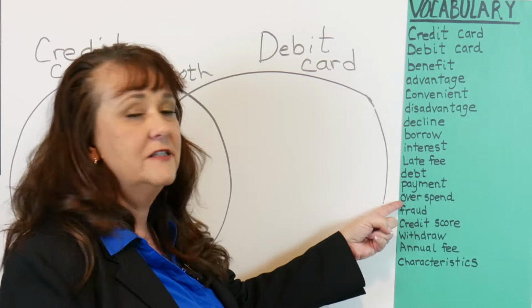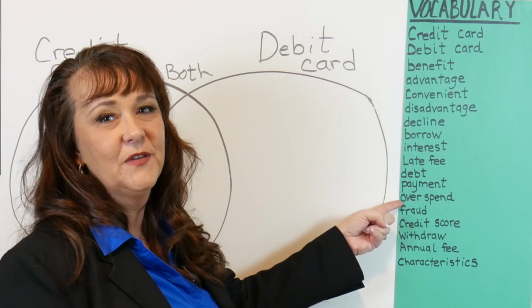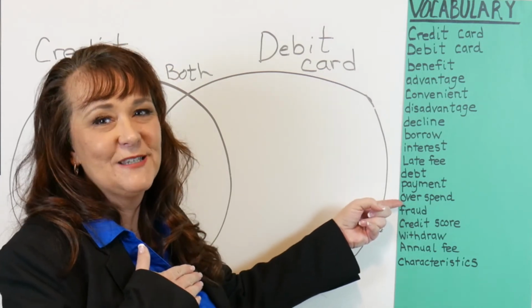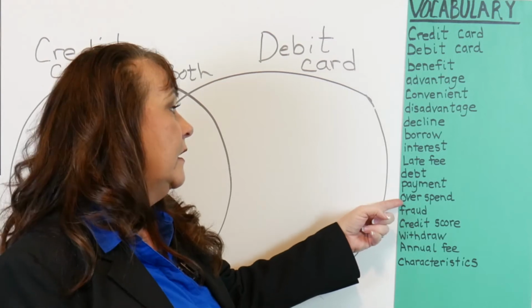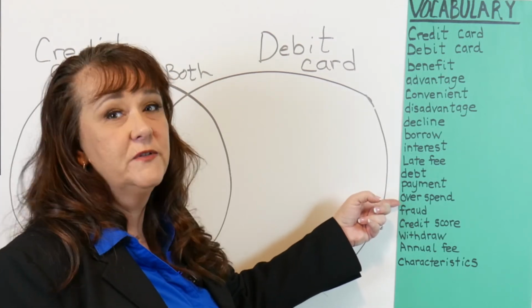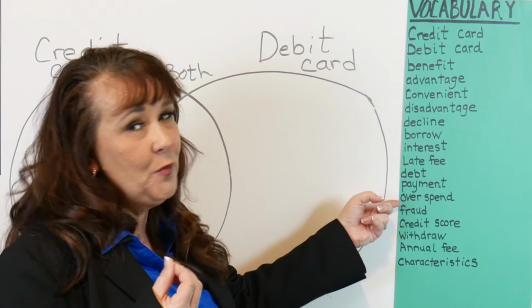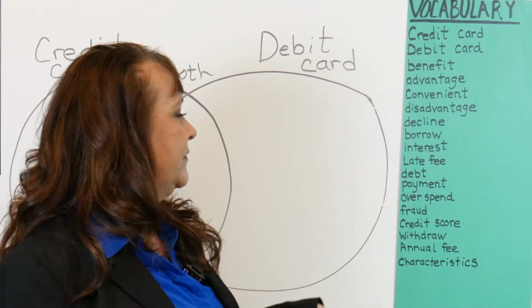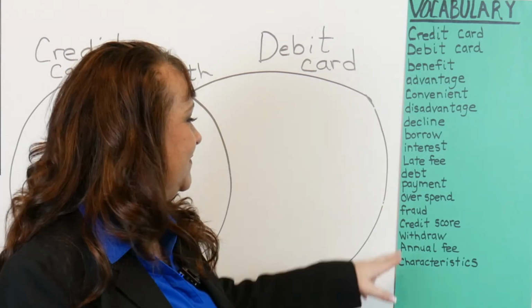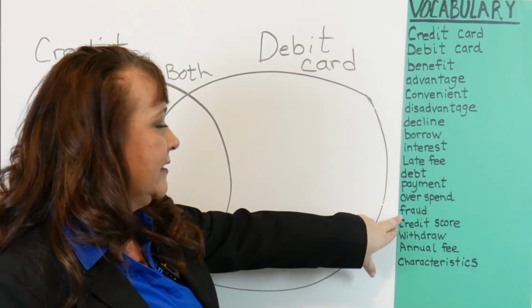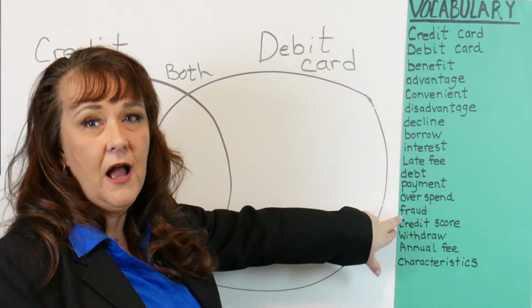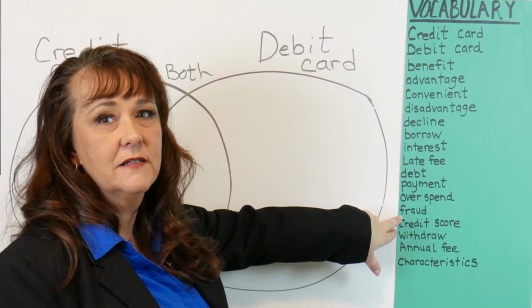This word is overspend. You try it. Overspend. Overspend is when you spend too much money. This word here is the word fraud. You try it.